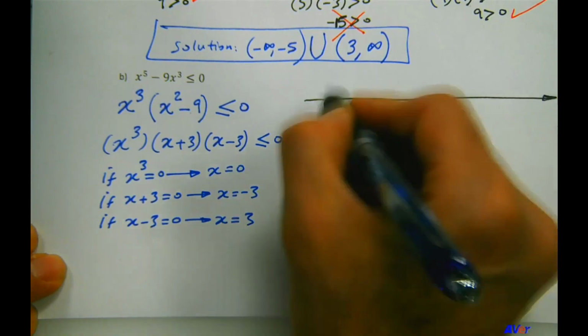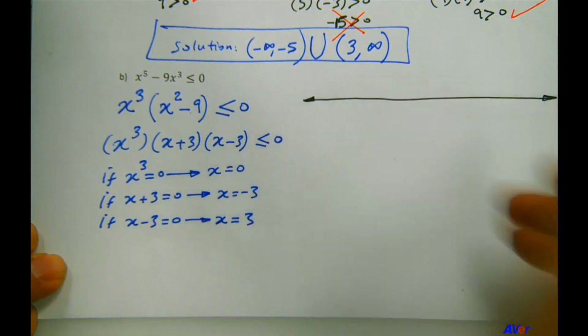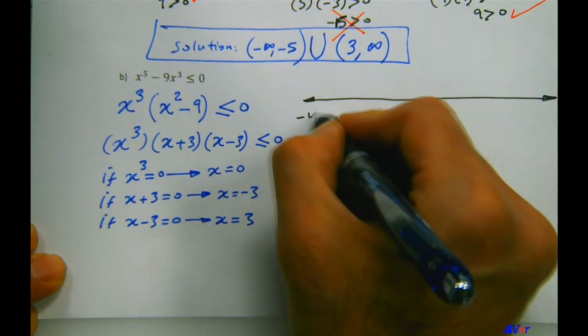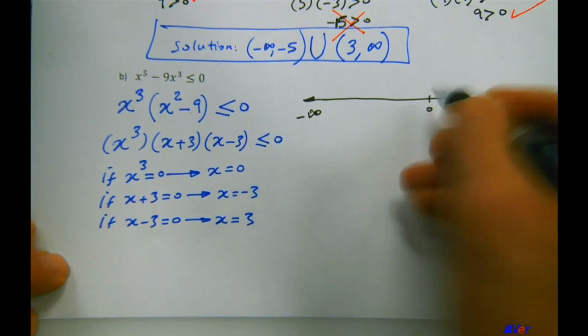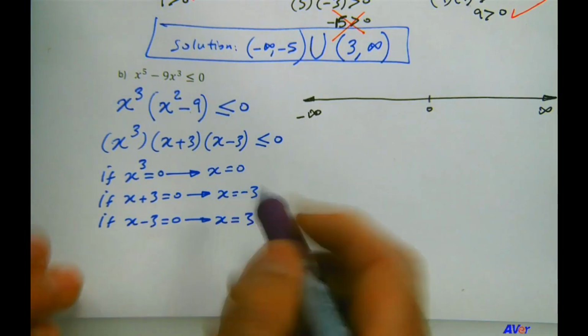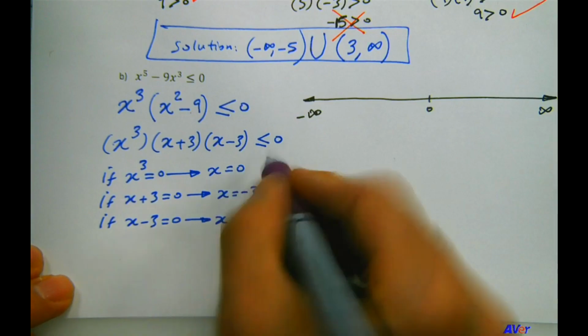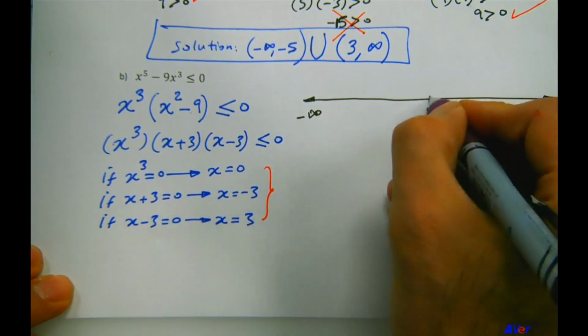We don't have to graph, but I do it just to be clear about what is going on. Negative infinity to infinity. We have 0 in the middle here. So these are our critical values, these three. So we have 3.